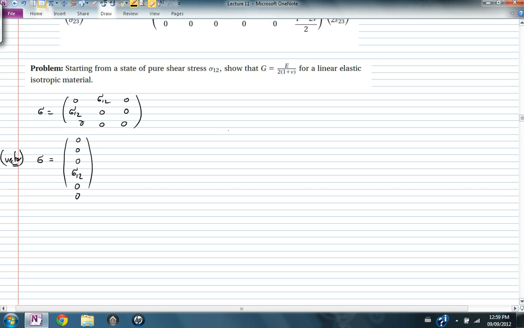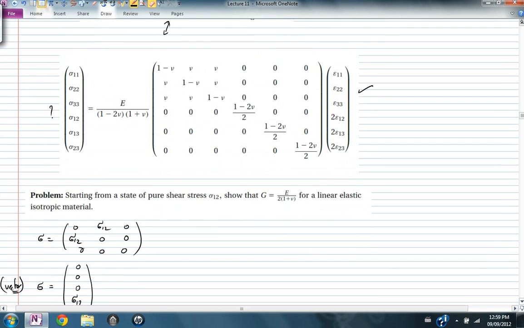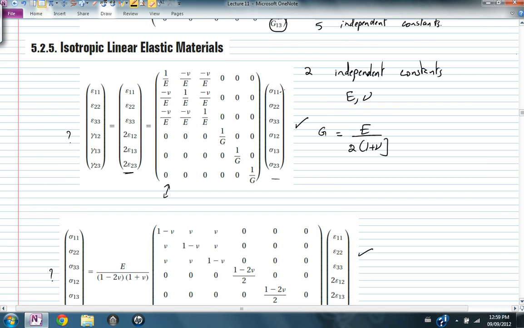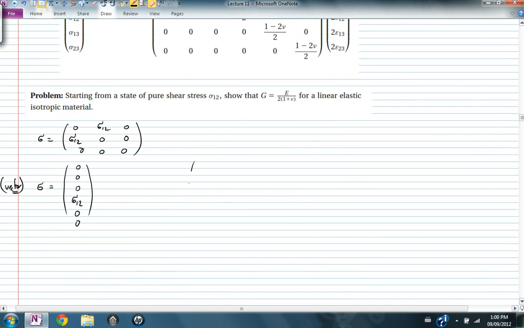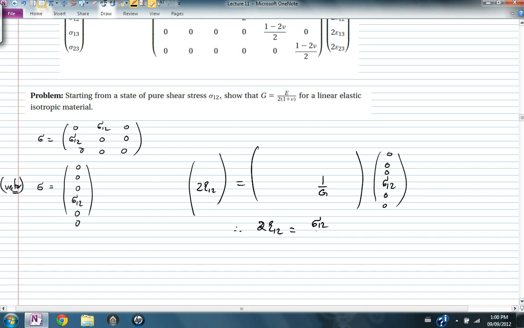From the relationship between the stress and the strain, I know that this is 0, 0, 0, sigma 1 2, 0, 0. The only non-zero component in the strain will be the 2 epsilon 1 2. Everything will be equal to 0 except sigma 1 2, because everything else is zeros. From this relationship, therefore, 2 epsilon 1 2 is equal to sigma 1 2 over G.